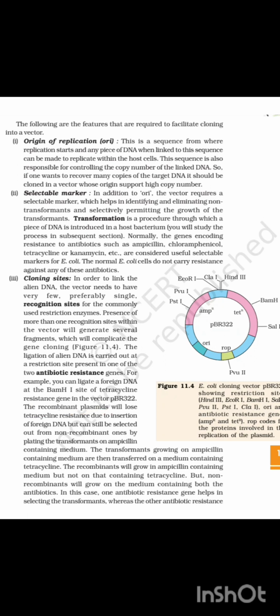The recombinant plasmid will lose tetracycline resistance due to insertion of foreign DNA but can still be selected out from non-recombinant ones by plating the transformants on ampicillin containing medium. The transformants growing on ampicillin containing medium are then transferred to a medium containing tetracycline. The recombinants will grow in ampicillin containing medium but not on that containing tetracycline, but non-recombinants will grow on the medium containing both the antibiotics.